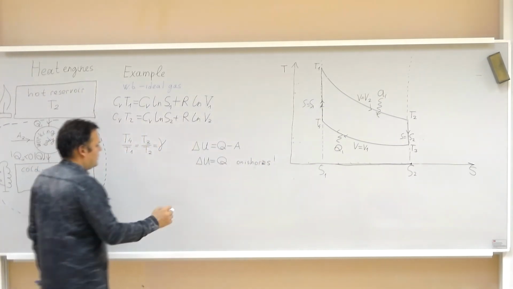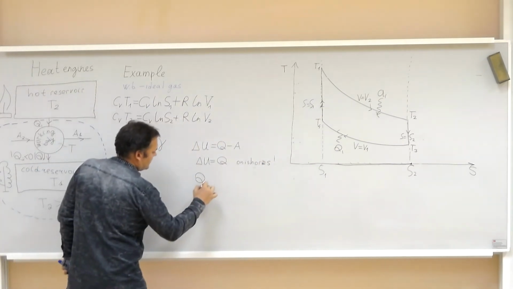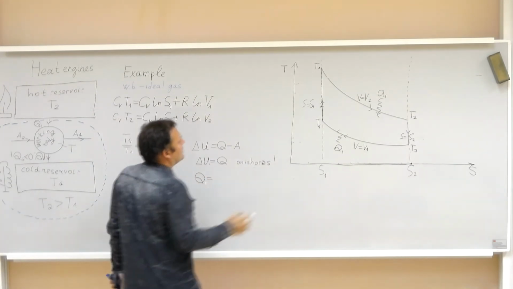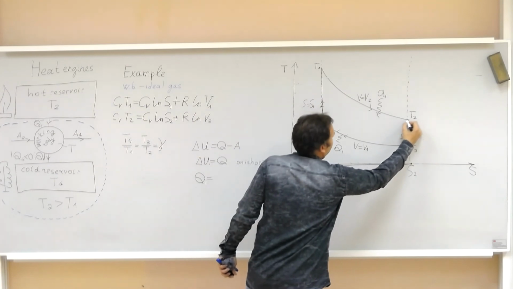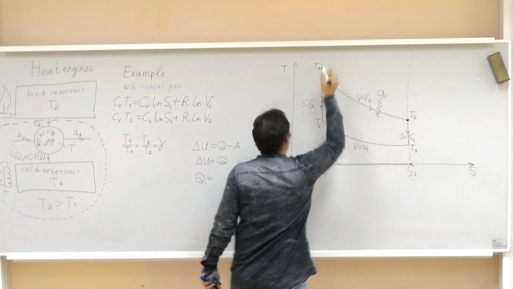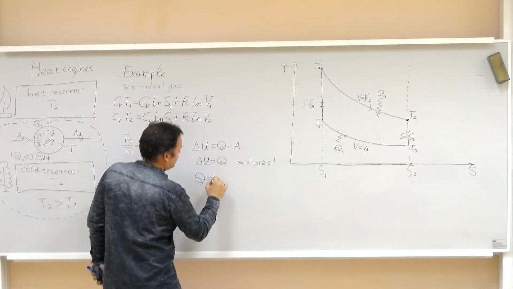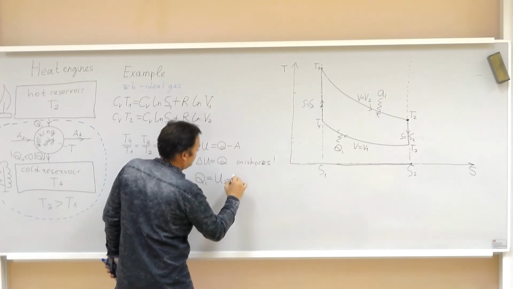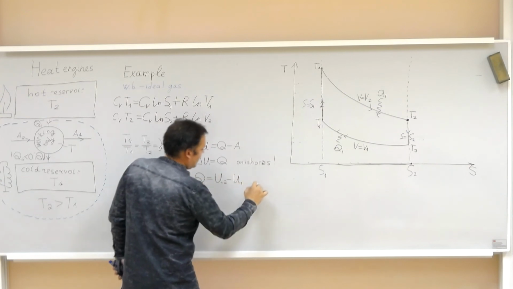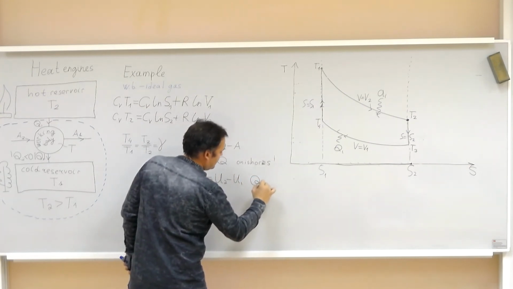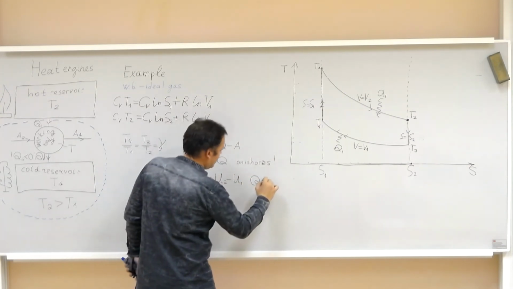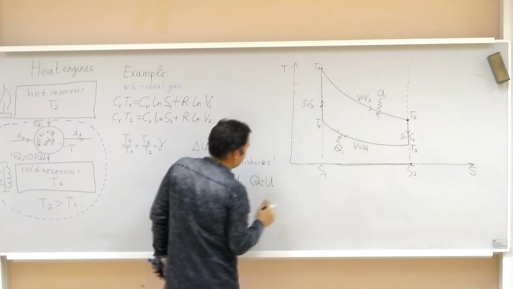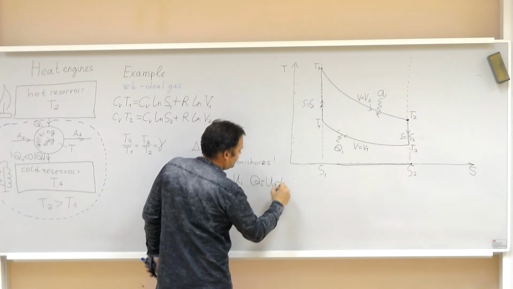And Q1 equals U2 minus U1, and Q2 equals U4 minus U3.